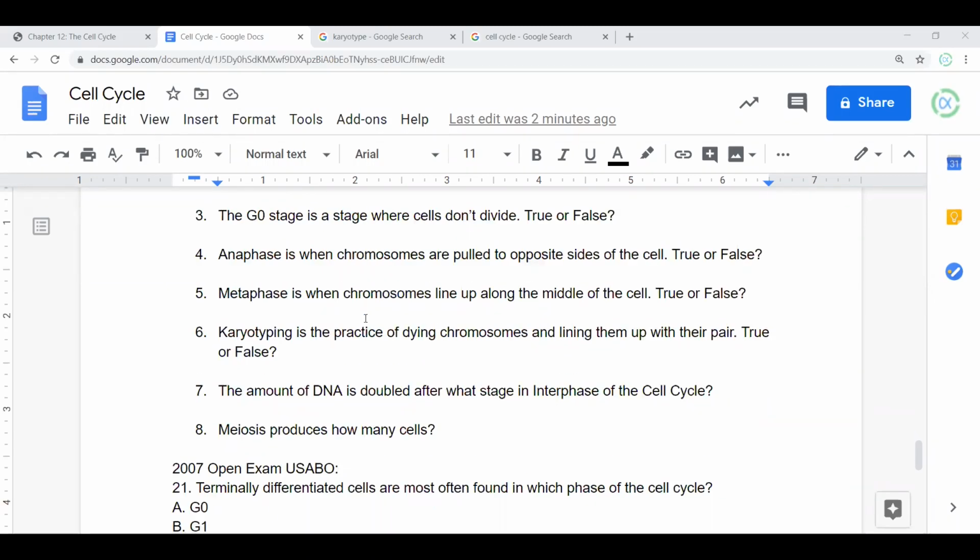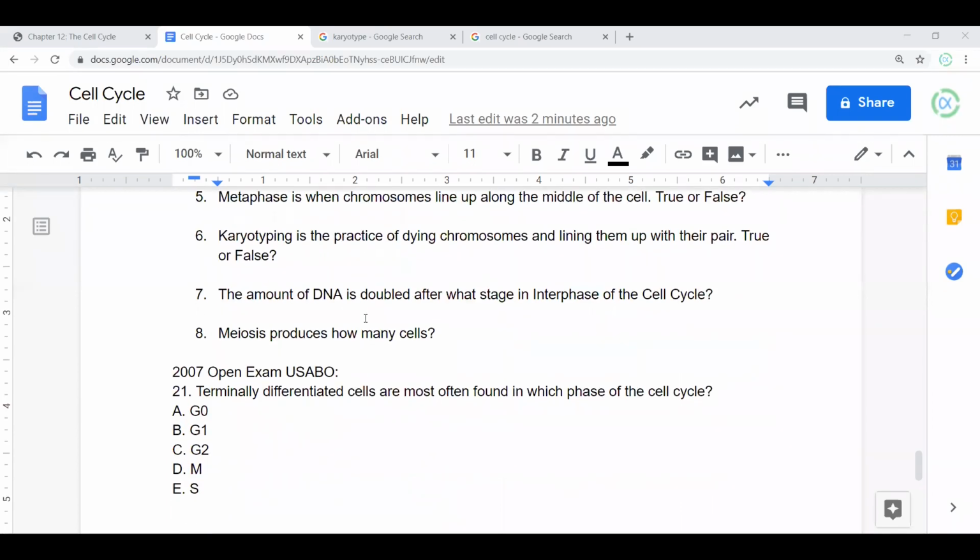So yeah. Okay, so now a little bit more of a difficult question I took from a biology Olympiad exam. It was from 2007. Terminally differentiated cells are most often found in which phase of the cell cycle?